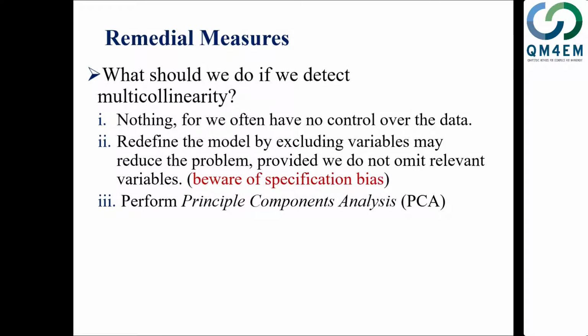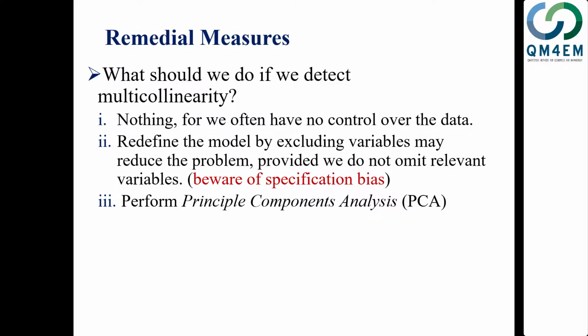However, a few things which econometricians used to do include redefining the model by excluding the variables that are causing the problem of multicollinearity. However, such a solution solves the problem of multicollinearity but causes another problem, which we call specification bias, that should also be avoided because it's one of the major assumptions of the ordinary least squares method.